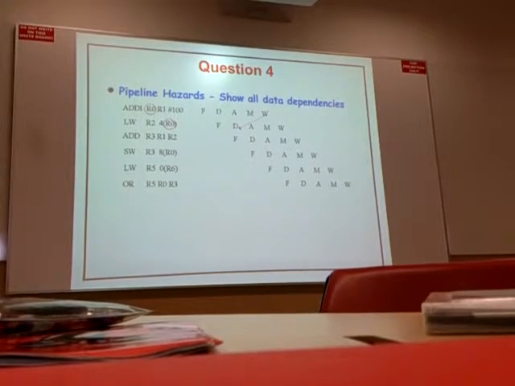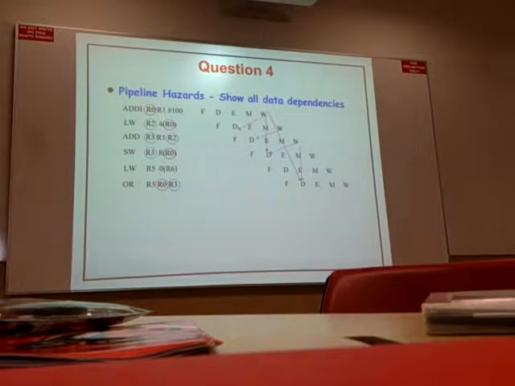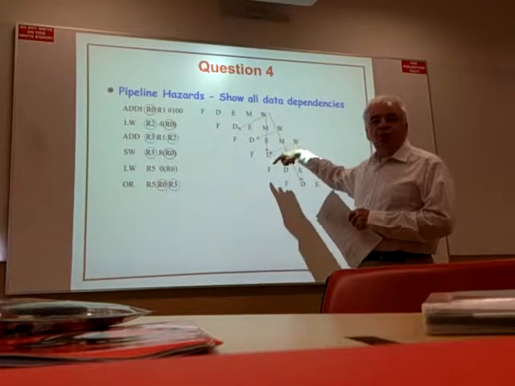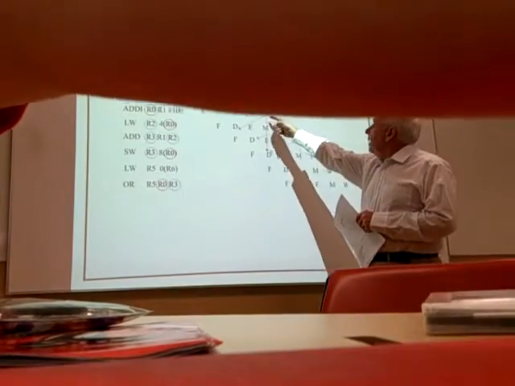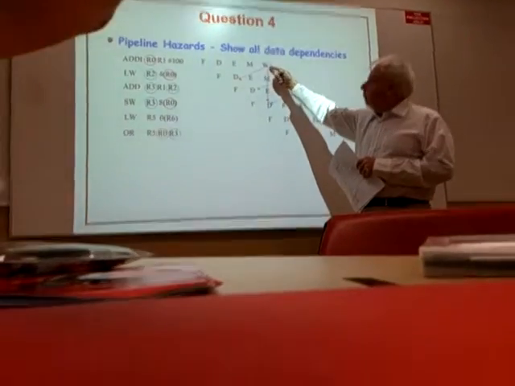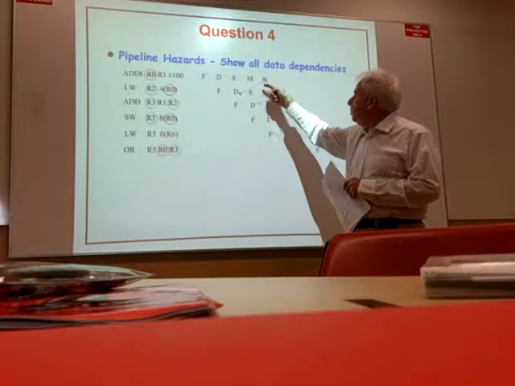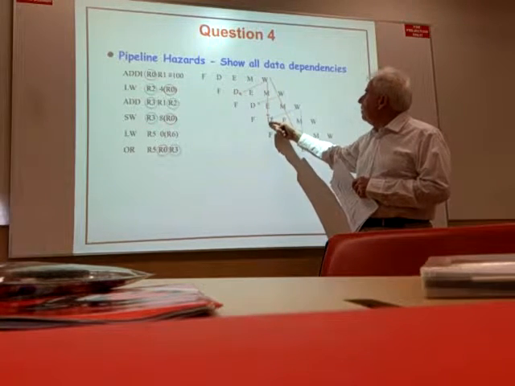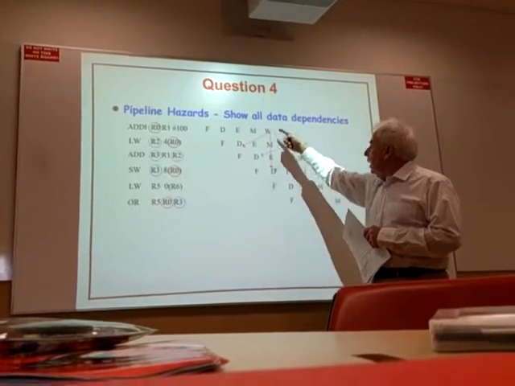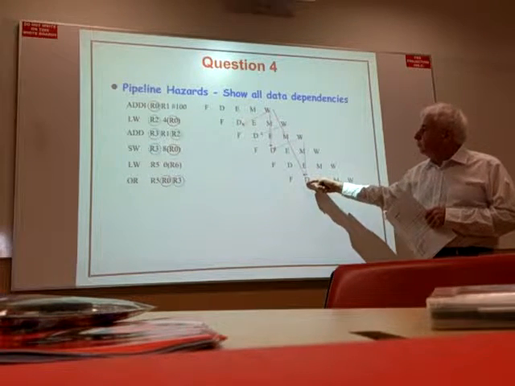If we draw the arrows to indicate the dependencies, then when we write the value of R0 here, we have a dependency because we use that value of R0 in the next instruction, and we also use the value of R0 here in the store word, and we also use the value of R0 here in the last instruction.